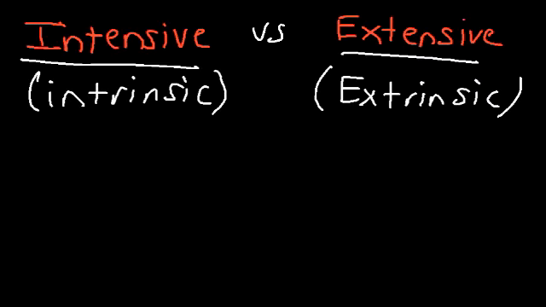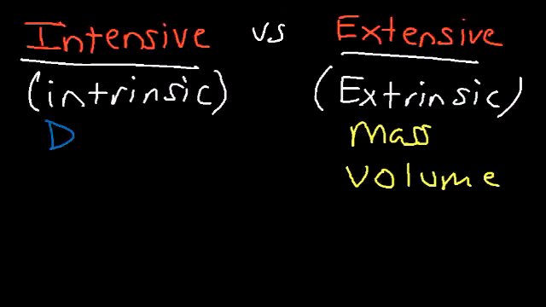So mass, would you describe mass as an intensive property or an extensive property? What about density? So mass and volume are extensive properties. Density, on the other hand, is an intensive property.